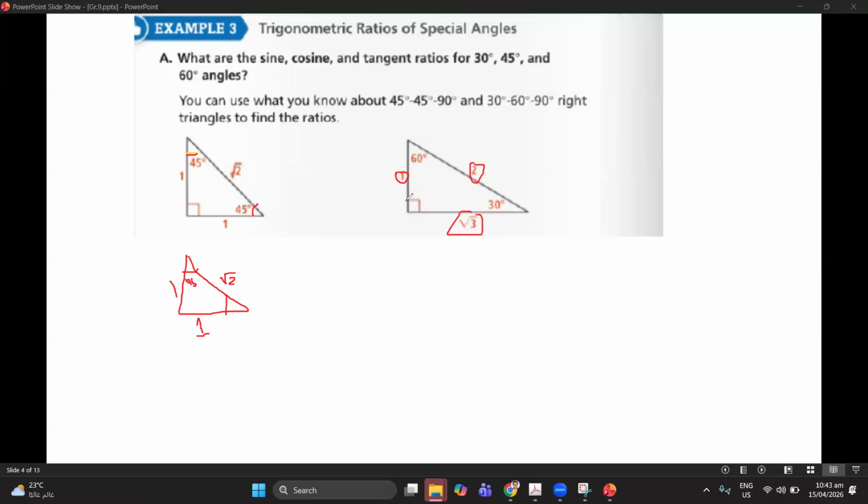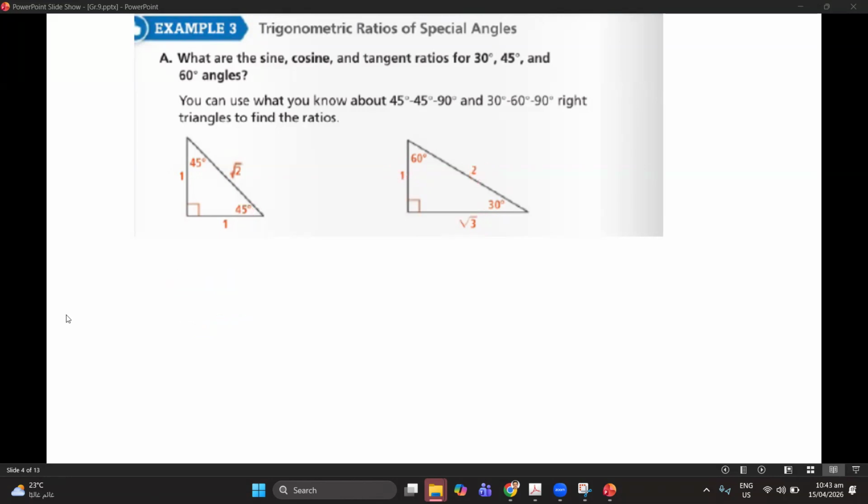These numbers are constant, so I'll use the unit triangle. If the shortest side is 1, I'm going to use the ratios that we talked about before in lesson 6 to find the other side lengths, the hypotenuse and the longest side.